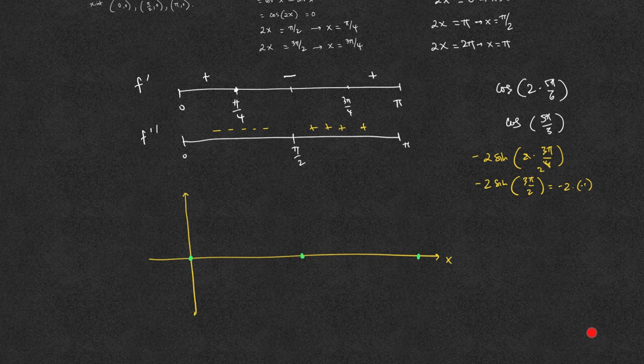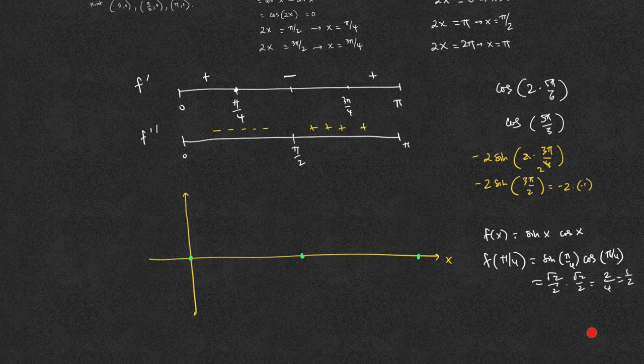The function has a local maximum at pi over 4, so we evaluate the function f of x equals sine of x cosine of x at pi over 4. This is sine of pi over 4 times cosine of pi over 4, which is root 2 over 2 times root 2 over 2, or 2 over 4, or 1/2.